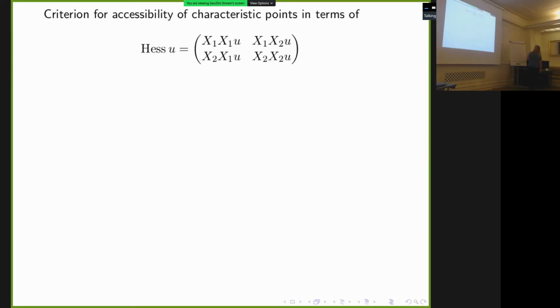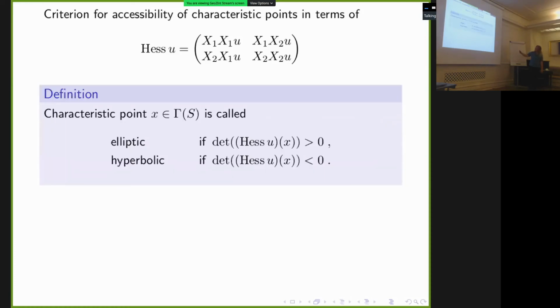And again, this is joint work with Davide Ugo and Daniele Canassa. If we are in the 3-dimensional case, you again have your 2 vector fields appearing, which span your rank 2 distribution. And U is a function which characterizes your surface as the 0 set of this function U. It turns out that you can use this Hessian to give a characterization of those characteristic points.